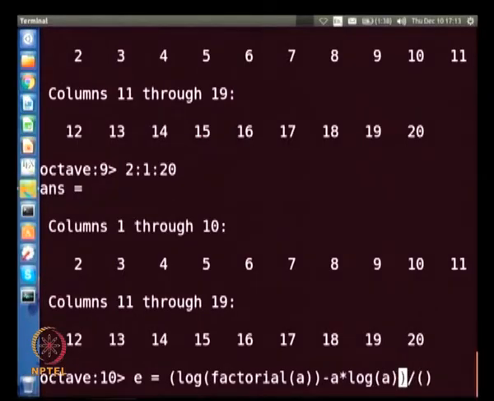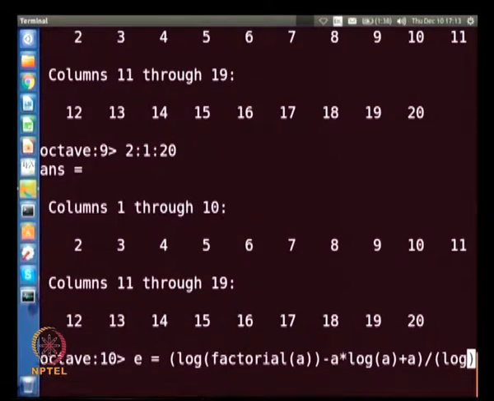No, that is plus a, right. N log n minus n is the approximation. So minus, if I do, then the first one becomes minus, the second one becomes plus, divided by, of course, logarithm of factorial of a. It is quite complicated.